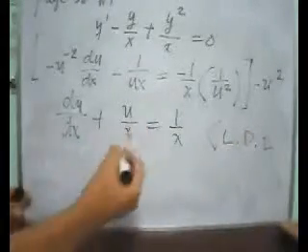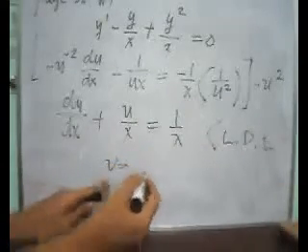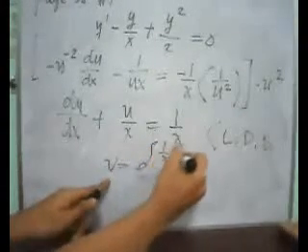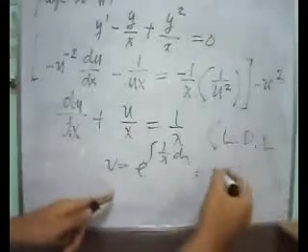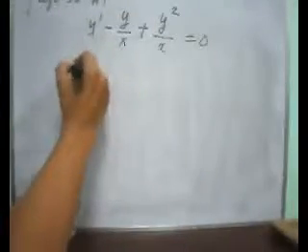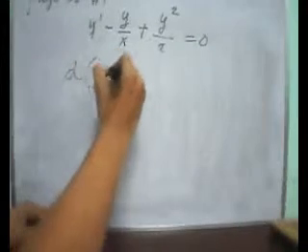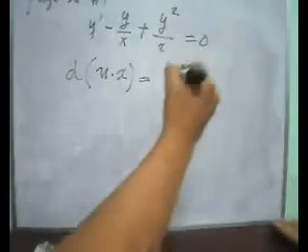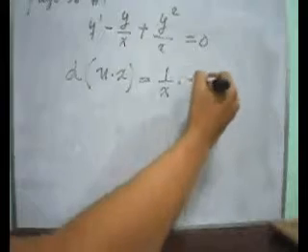Okay, so we are going to use the integrating factor. V equals e raised to integral of 1 over x dx, and thus this is equal to x. So we have the derivative of the dependent variable times the integrating factor will be equal to 1 over x times x.